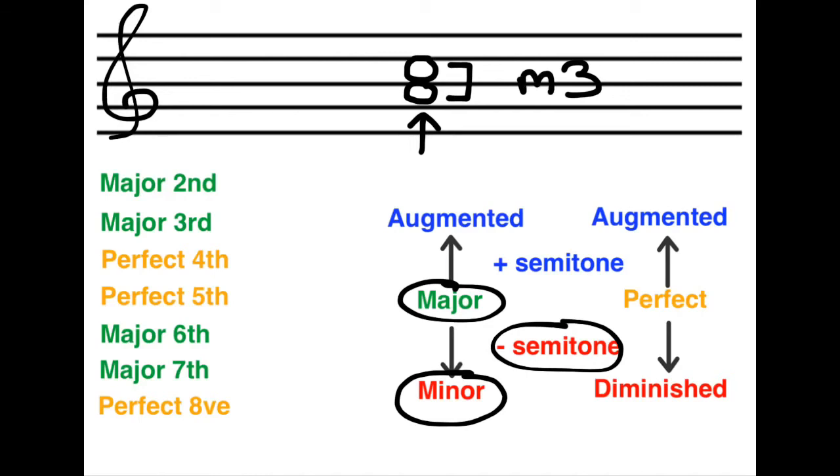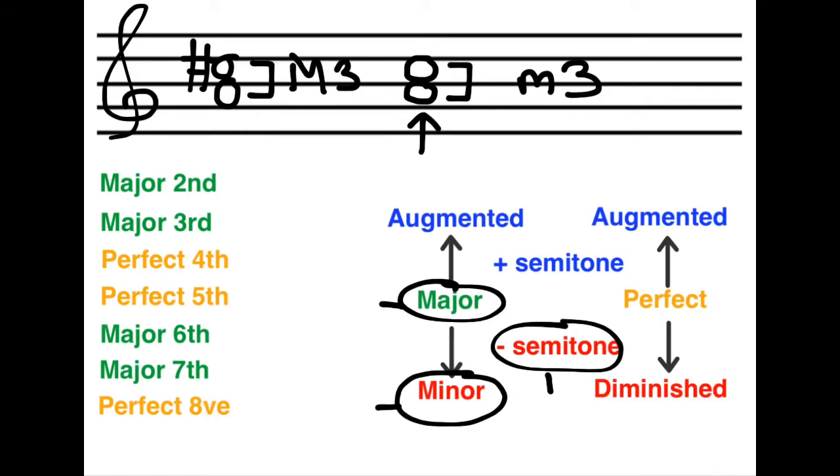Okay, so if it had been A to C sharp, that would be a major third, because C sharp belongs to the scale of A major. C natural does not. Okay, so you take a major interval, you've made it smaller by a semitone, so it makes it a minor third. So that was the minor interval.